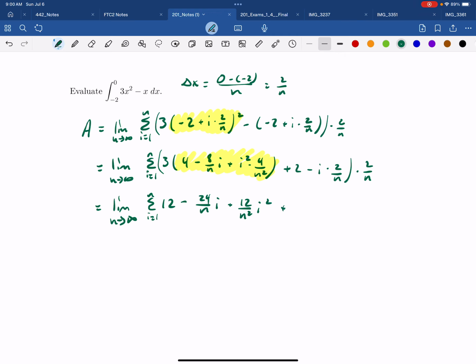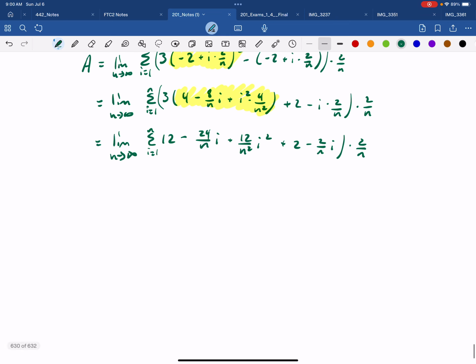And then this is going to be plus 2 minus 2 over n times i. And then this is all times 2 over n. And then let's combine some like terms, right? Let's combine the 12 and the 2. Let's combine the 24 and the other term.